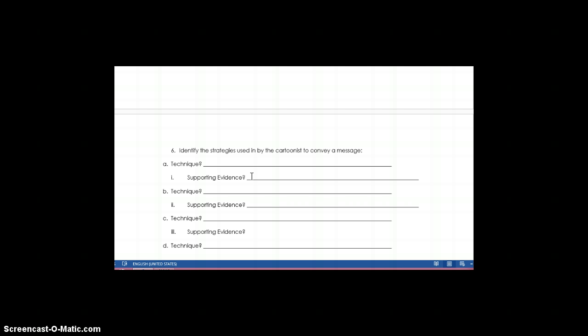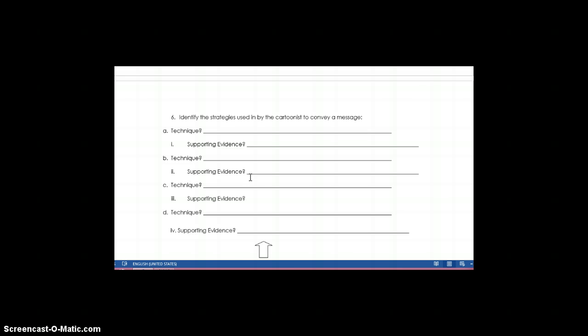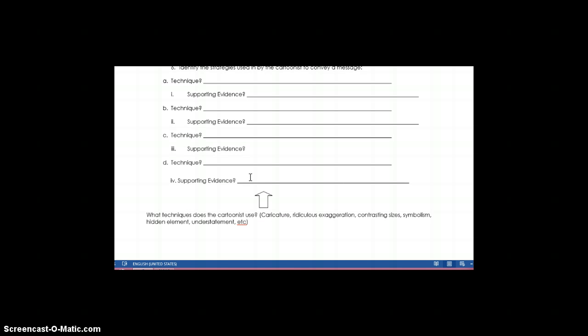The cartoon that you have selected should have, and no doubt will have, at least 4 or 5 different techniques being used. Remember, techniques such as ridiculous exaggeration, caricature, contrasting sizes, symbolism, hidden element, metaphor, stereotyping, and so on are examples that you might be able to find.